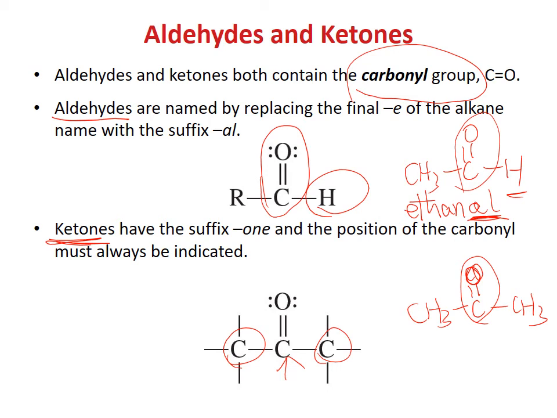You have 3 carbons, so it's propane. Now the E is replaced by ONE to represent it's a ketone. The carbonyl carbon is at number 2, so we put 2 here: 2-propanone. This molecule has a common name, acetone.